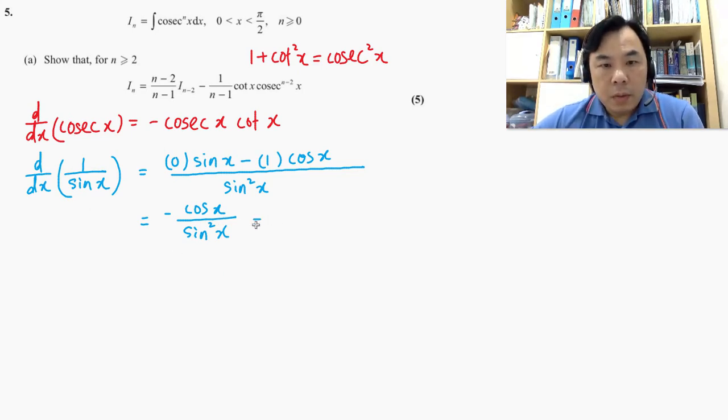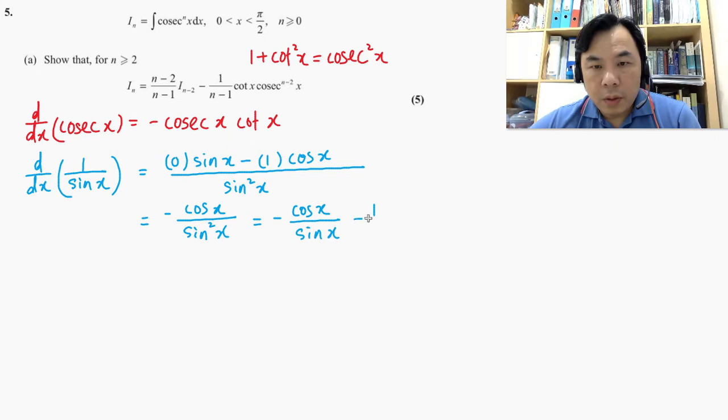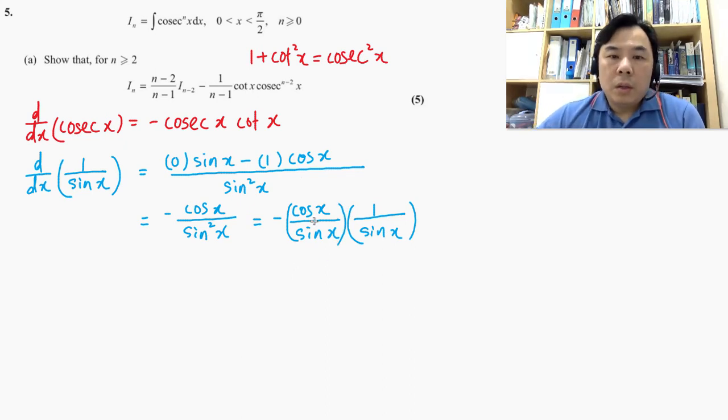From there, you can apply a divide and conquer strategy. We have cosine x over sine x, and another part which is 1 over sine x. Knowing that cosine over sine x is cotangent, and 1 over sine x is cosecant, that is the reason we obtain this result.